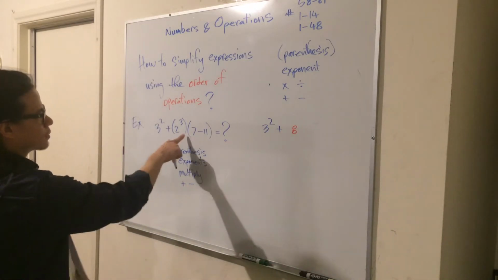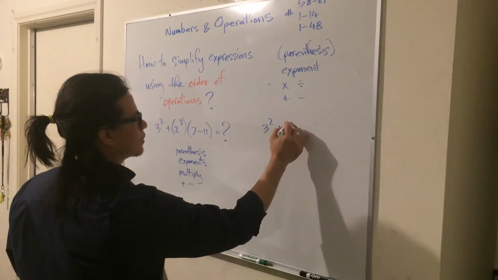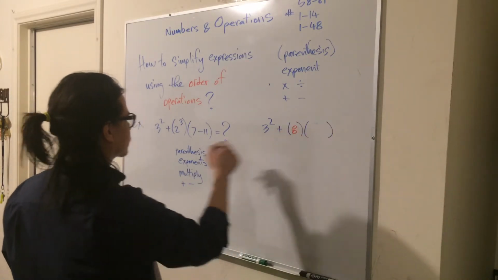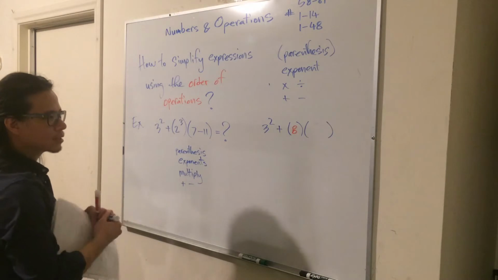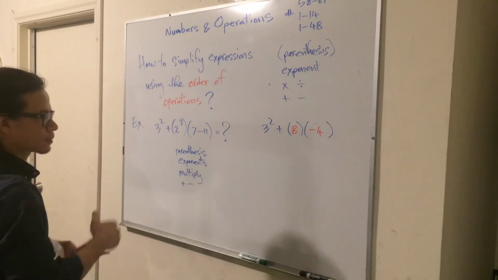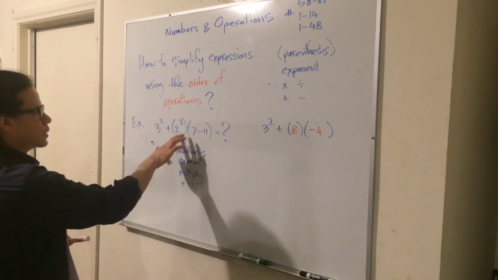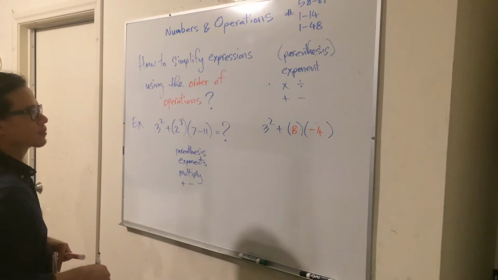Times, so you have 8 and 7 minus 11 is negative 4. So we took care of what's inside the parentheses.